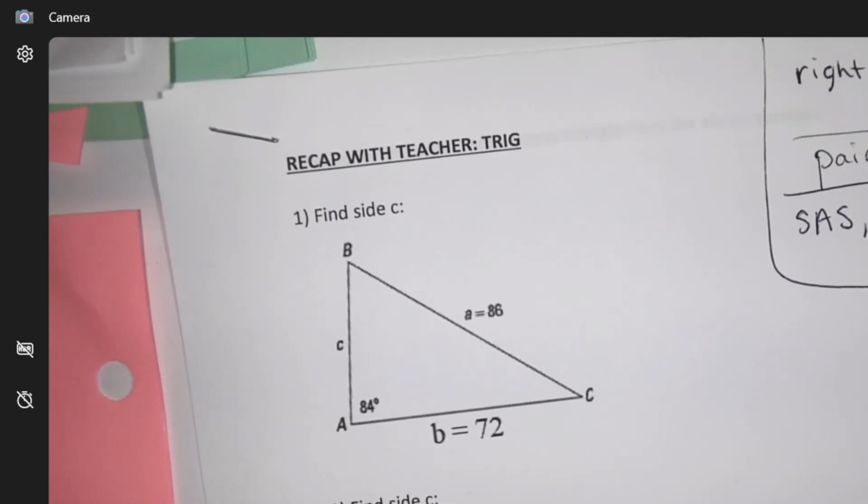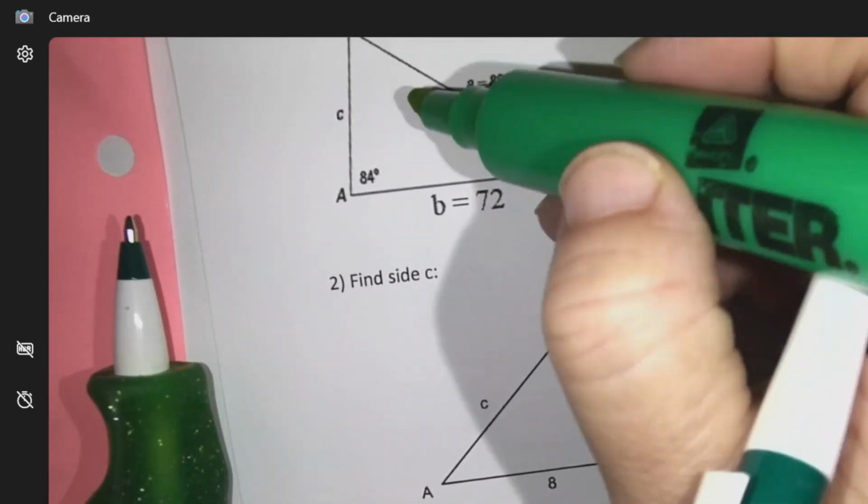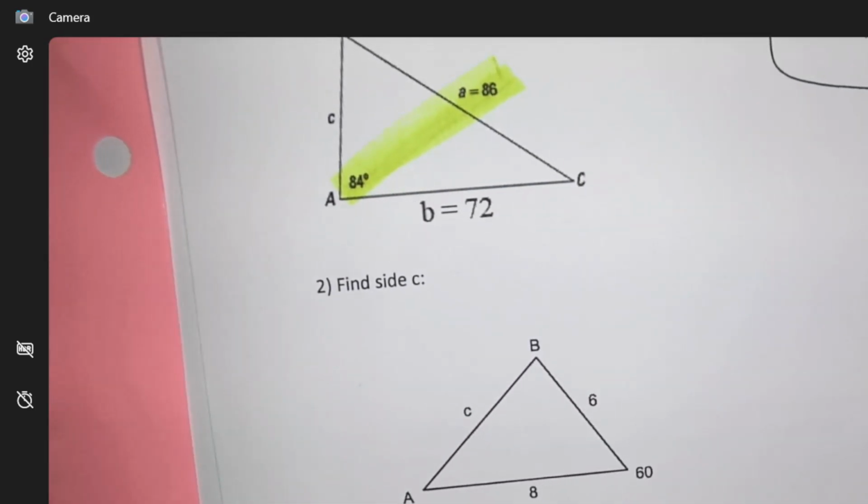Okay, so number one, what do we see? Pair. So as soon as I have a pair, I would use sine law.